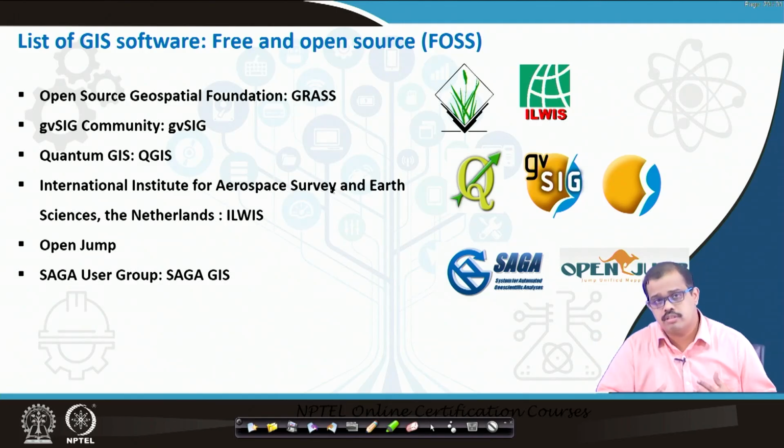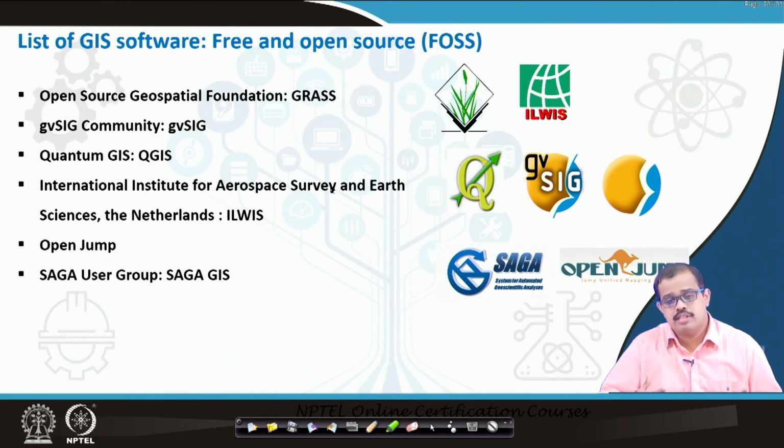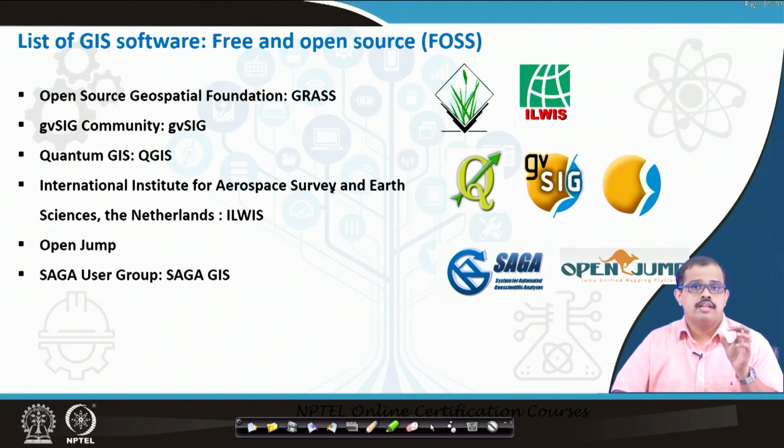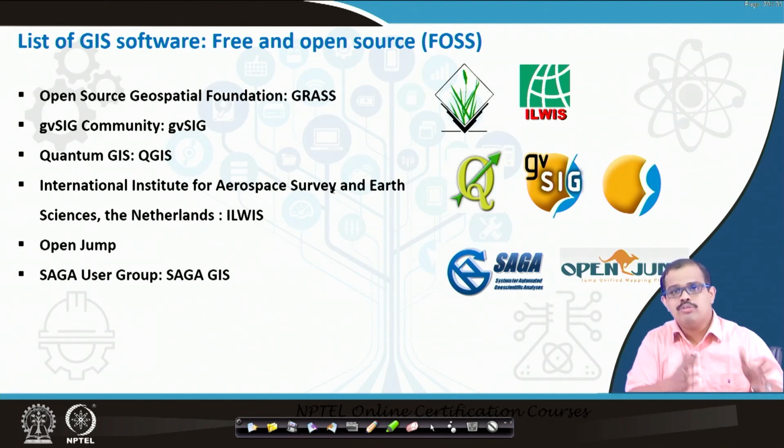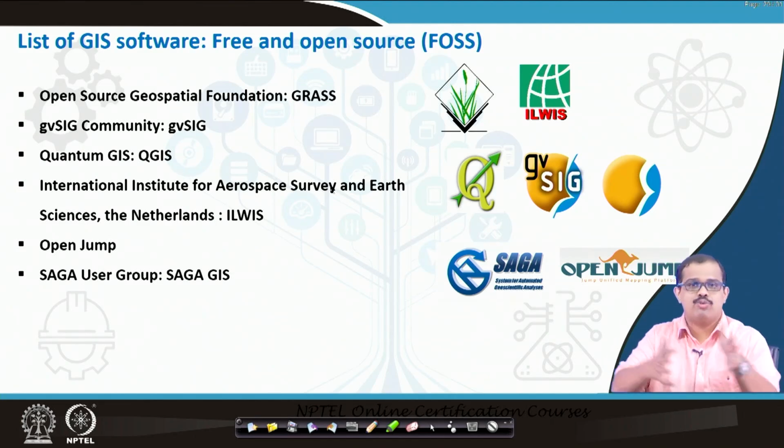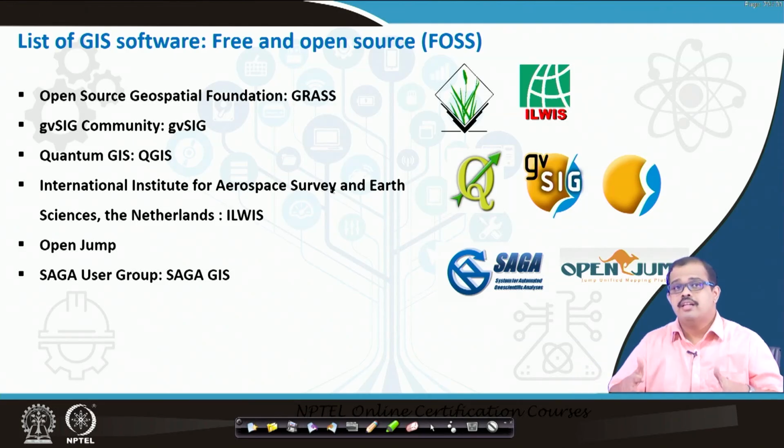So if someone wants to learn how to handle remote sensing data, how to handle geographic information data, GRASS is one tool that everyone has to learn, because rather than a commercial software which is under a packet, so you input a data, you get an output, GRASS will deliver a stepwise data output, which means you learn how the data is transformed from data to information. So that is where GRASS is extremely handy.